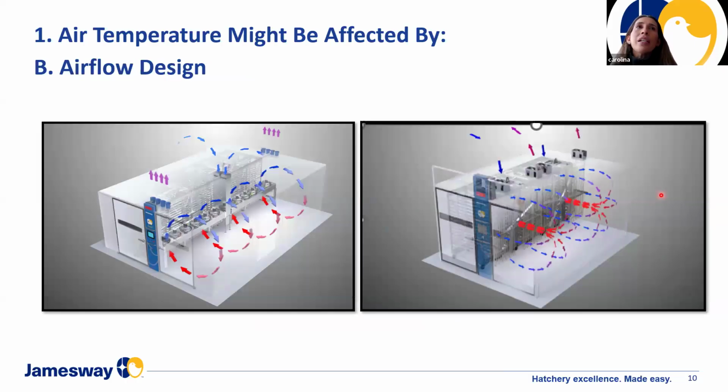The second one is airflow design. It is very important to understand how airflow goes. Here we have an example of 2 single-stage machines. Both of them have the capability to get a profile and adjust requirements according to embryo needs. However, they ventilate totally different.